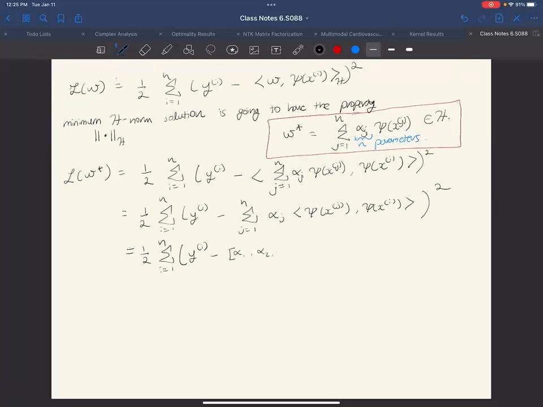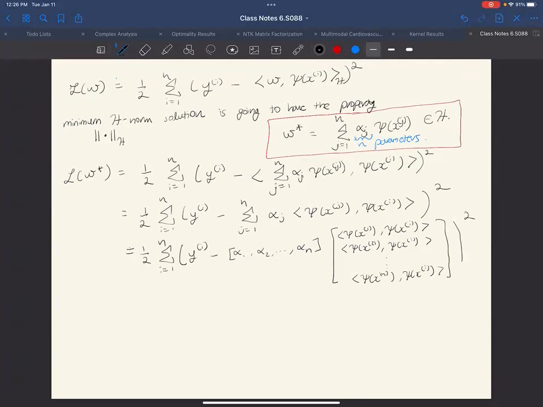I'm going to write out the vector of alpha_1 through alpha_n. And then here, I'm going to write out the giant vector of inner products: psi of x_1 with psi of x_i, psi of x_2 with psi of x_i, and so on, up to psi of x_n with psi of x_i.